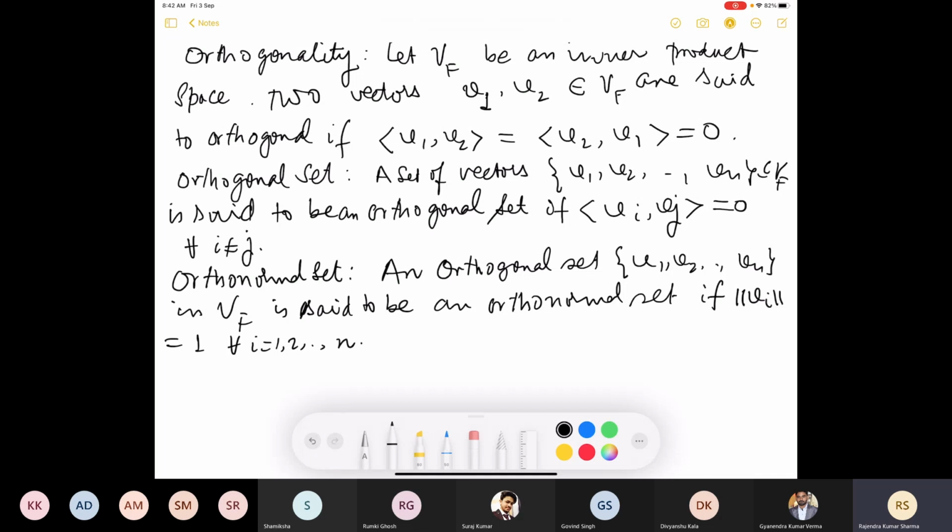Now, it is also interesting that we want to see a few things about orthogonality.